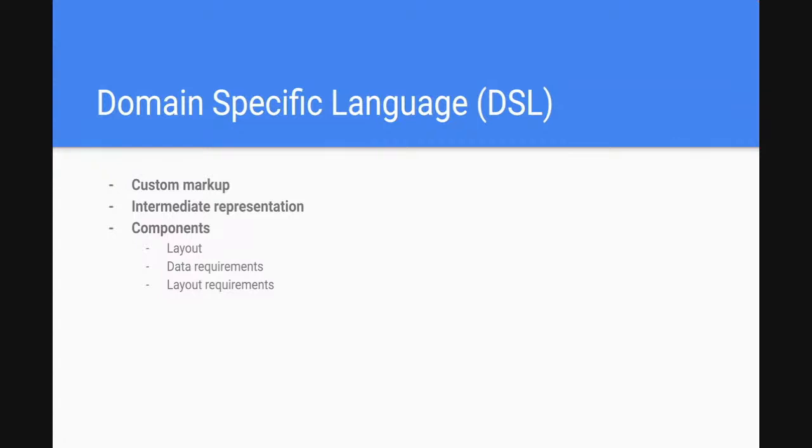Now, this DSL has three important components within itself. It has the layout, which is nothing but a recursive tree. I'll delve more into how the DSL is structured in the upcoming slide, but it comprises a layout, the data requirement for the layout, and the layout requirements. So it also says, I need these sub layouts.